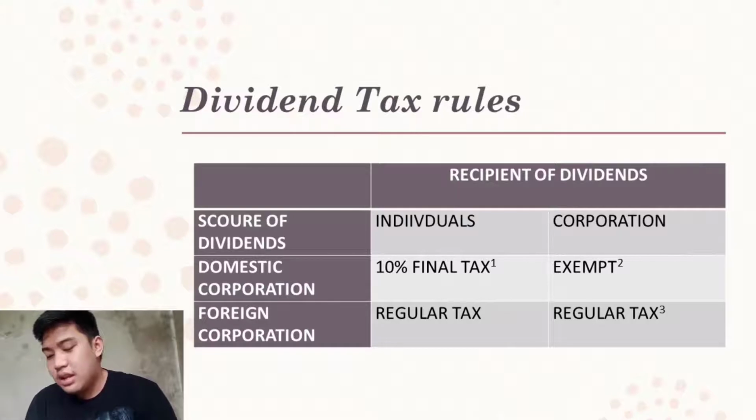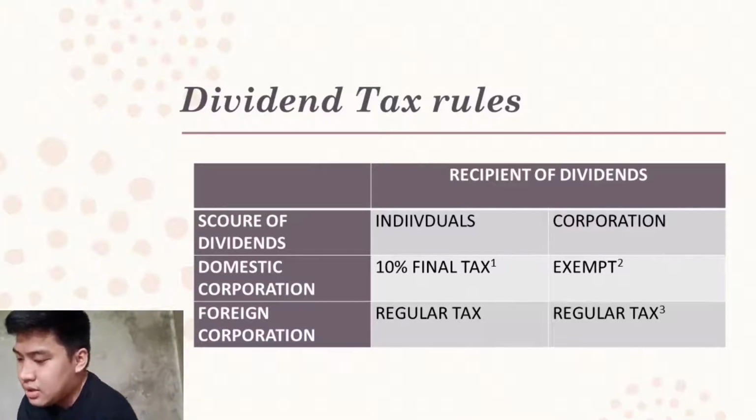Next is dividend tax rules. These dividend tax rules are for cash and property dividends, because cash and property dividends are considered as income, and stock and liquidating dividends are not considered as income. So if it is considered as income, it is subject to final tax.